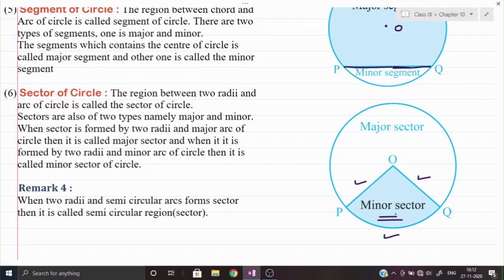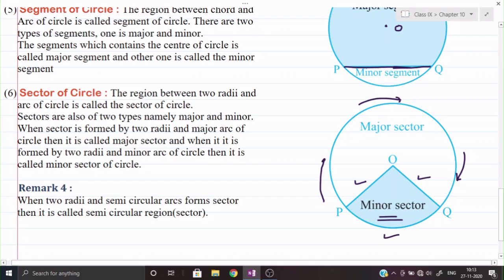If the two radii and the minor arc of the circle make the sector, that sector will be a minor sector. And if it is the two radii and the major arc of the circle, you can see here, this is P to Q. If I go from here, then this place and then again come back to Q, somewhere like this, this will be the major arc.